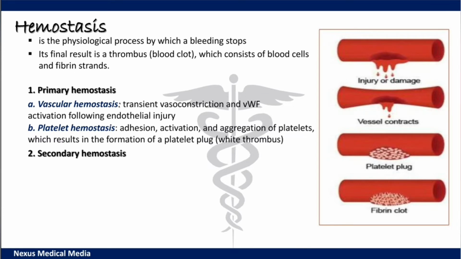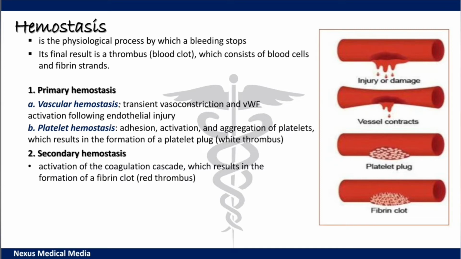This is adhesion, activation, and aggregation of platelets, which will result in the formation of a platelet plug, also known as white thrombus. Then secondary hemostasis is activation of the coagulation cascade, which results in the formation of a fibrin clot, thus a red clot.